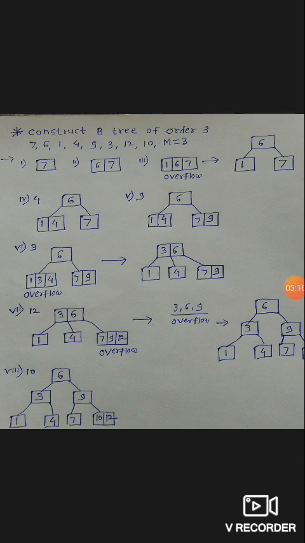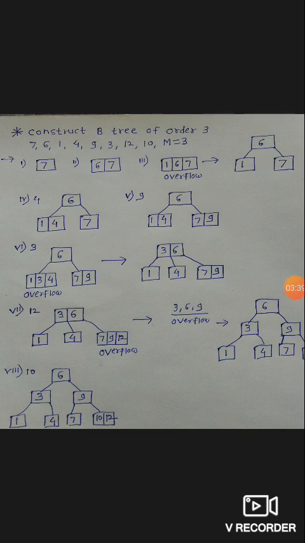Next, in the fourth step, the next key value is 4. As we know, 4 is less than 6, therefore it is added at the left hand side. At the left hand side, there is only one key in the node, 1, and when I add 4, it becomes 1, 4. Right of 6 becomes 7.